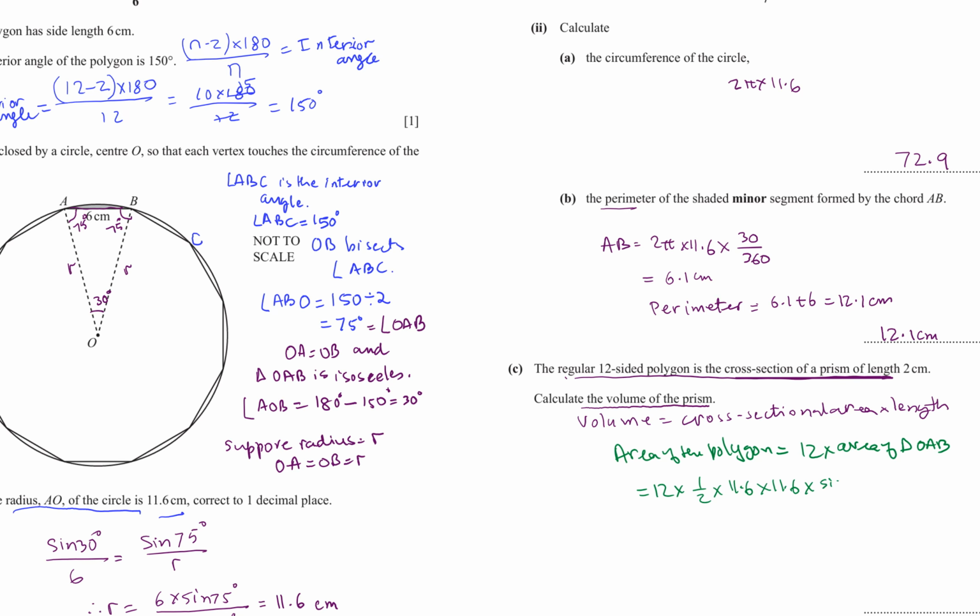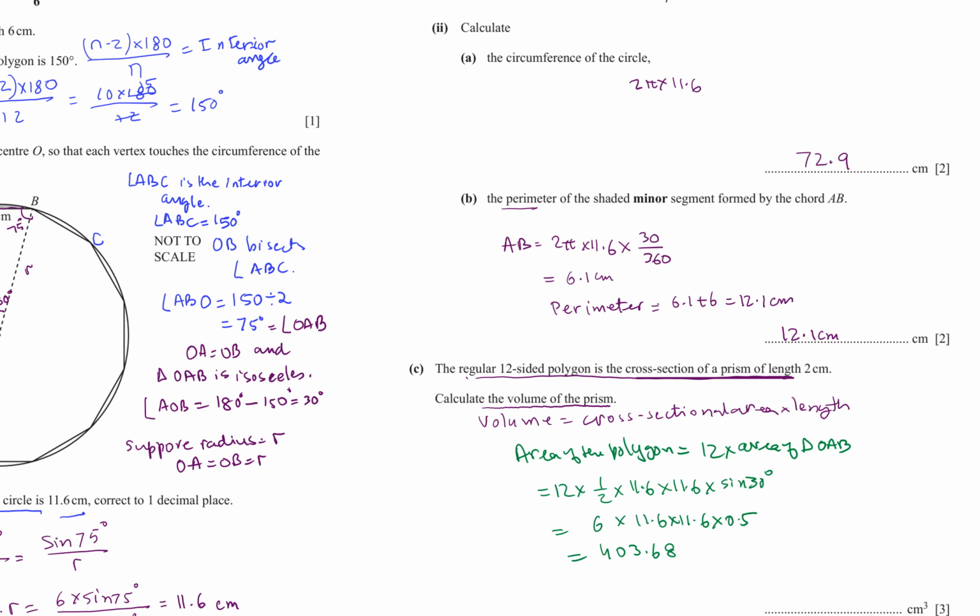So that is equal to 6 multiplied by 11.6 multiplied by 11.6, multiplied by 0.5, and I get 403.68.